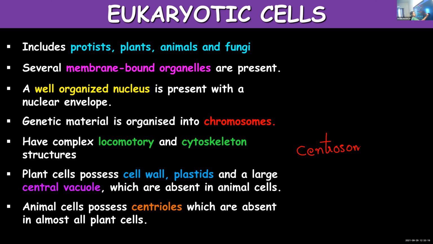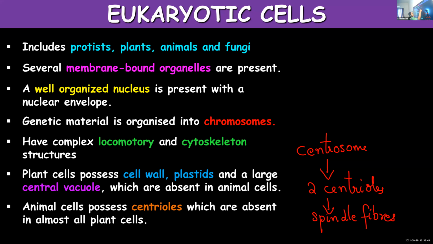Inside the centrosome, two centrioles are present. And it is from these centrioles that spindle fibers are formed. Don't worry about spindle fibers. You will be learning about them in cell division.